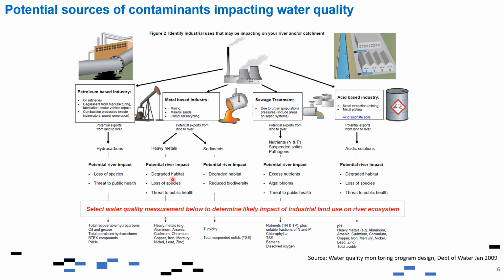Most are about the degradation of habitat, so fish will also die. If you have excess nutrients from this side, then you will have eutrophication. It means algal blooming, which is quite dangerous as it reduces the dissolved oxygen in your water system. So these are just some of the possible effects on receiving water.